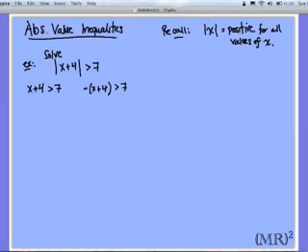And here now I'm just solving a linear inequality. I subtract 4 from both sides to get x is greater than 3.